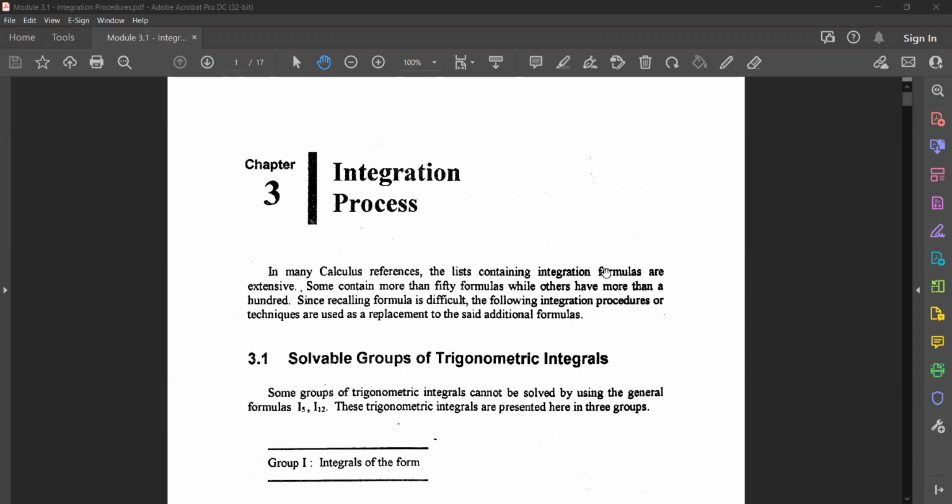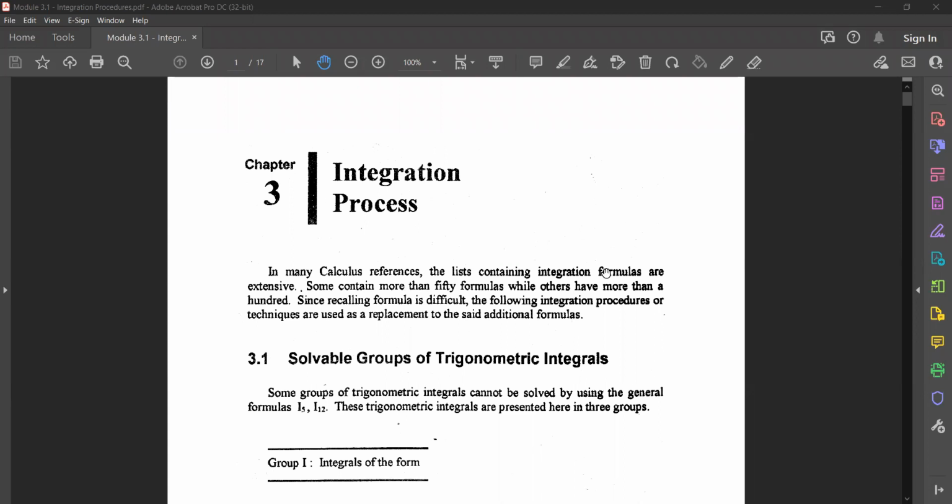So we will be discussing the integration process. This is the first topic that we will discuss for the midterm, no? There are some subtopics under this chapter, no? So we have integration procedures. Okay, so we have some trigonometric integrals that cannot be solved using the basic integral formulas, the trigonometric functions that we discussed in chapter 2, no?